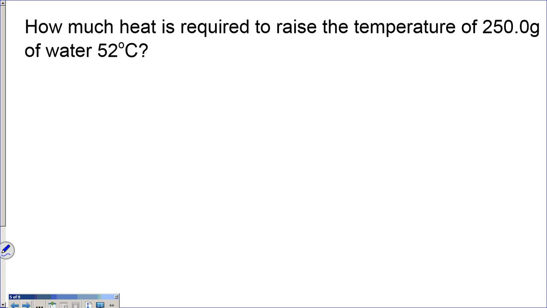So we're going to use the same equation. Our Q equals MC delta T. Here it's wanting to know how much heat is required. So it's wanting to know our Q. We do not know that value. It gives us a mass of 250 grams.